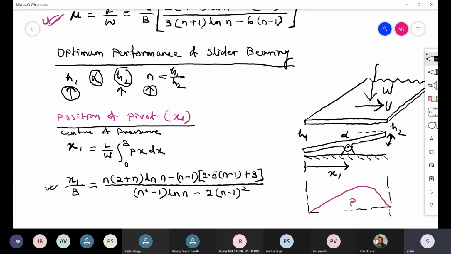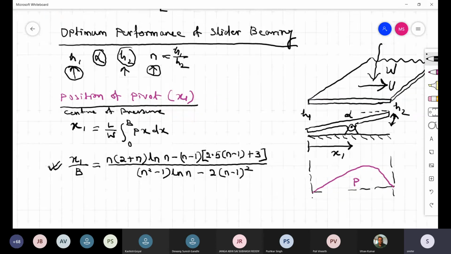You know your position of the pivot, so you put the pivot there for optimal operation.